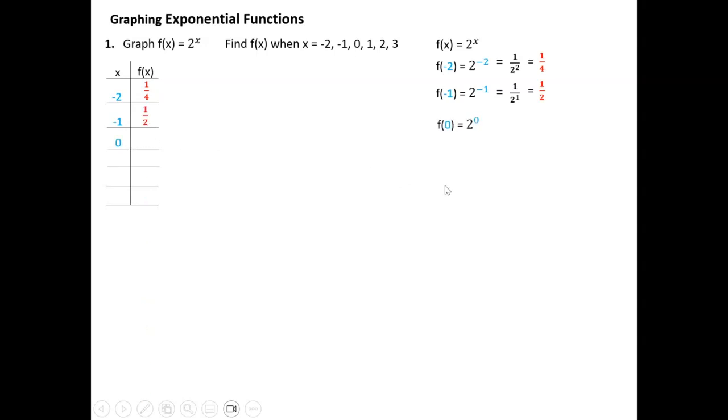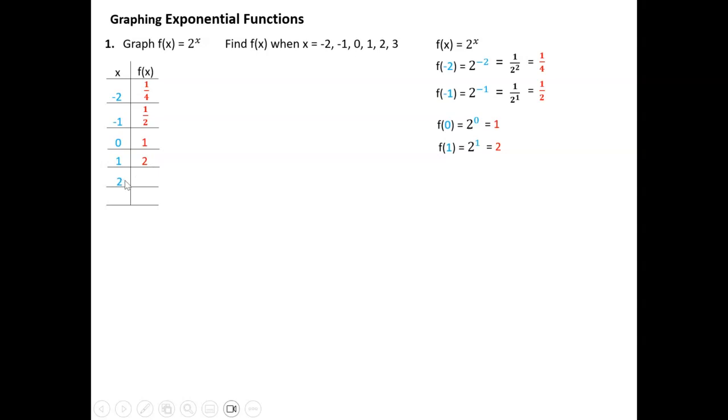When x is 0, we're going to evaluate f of 0, which means 2 to the 0 power will give us 1. Anything to the 0 power is always 1. So when x is 0, my y is 1. F of 1 will give us 2. So when x is 1, my y is 2.